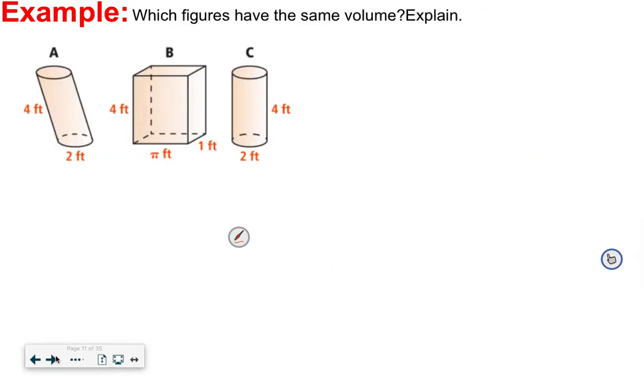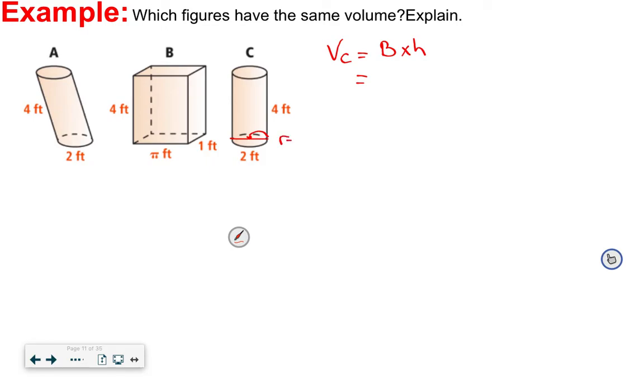Look at this. Which figures have the same volume? Let's start from the C. To be able to find the volume of C, remember that this is a cylinder. Base area times height. To be able to find the base area, first of all, ladies and gentlemen, this is diameter. Diameter is 2, but I'm looking for radius.